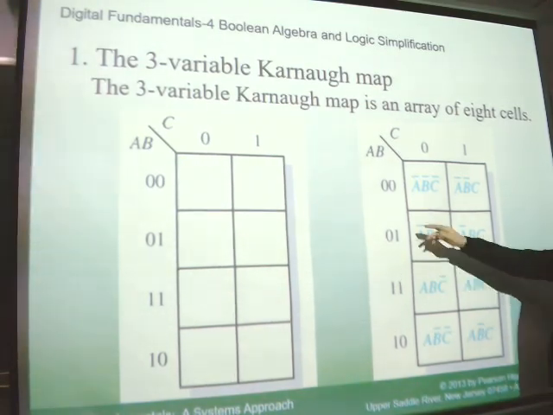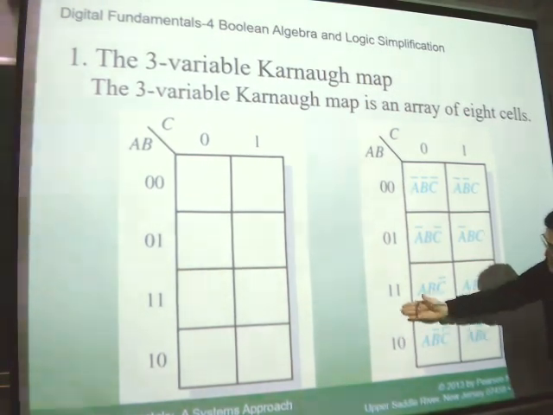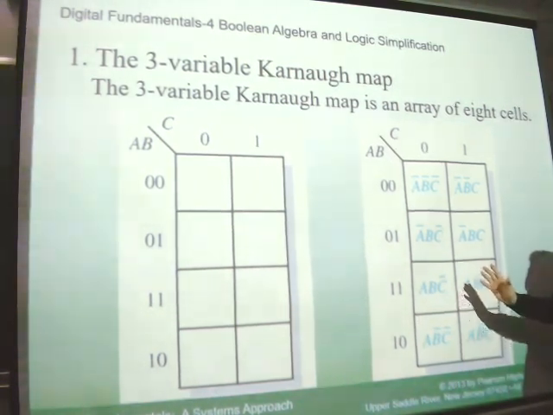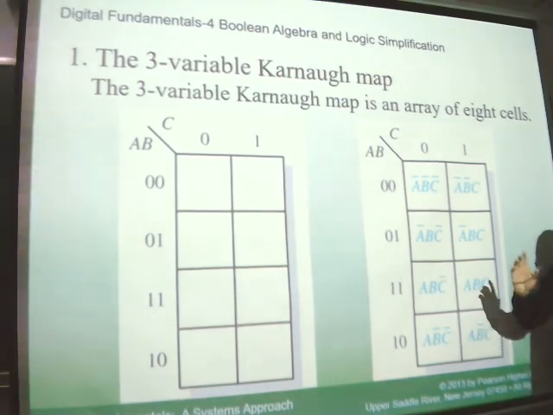So we list in this order to make each cell adjacent.